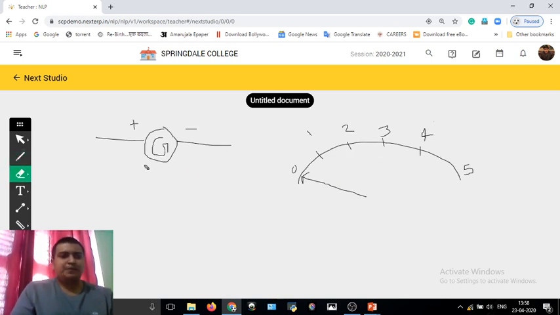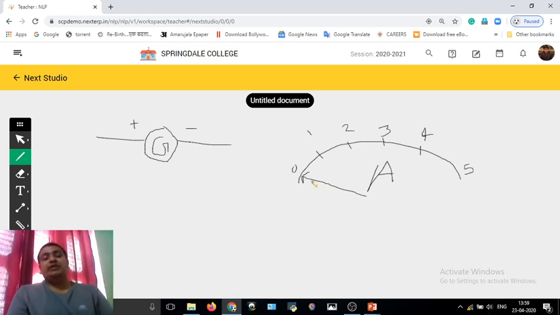But if the symbol A is printed on that device, it means this is an ammeter, and it can measure 0 to 5 ampere current. So these are the voltmeter and ammeter.